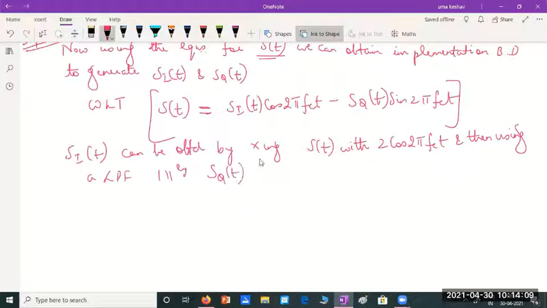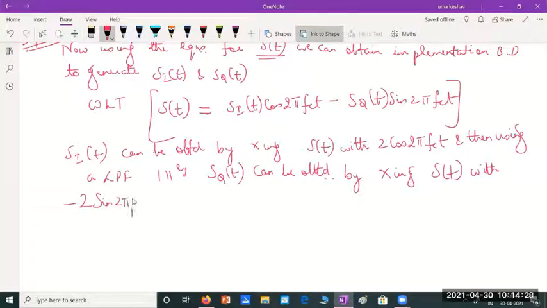Similarly, Sq of t can be obtained by multiplying S of t with, what did we use? Minus 2 sin 2 pi fct and then a low pass filter. Can you write this implementation?